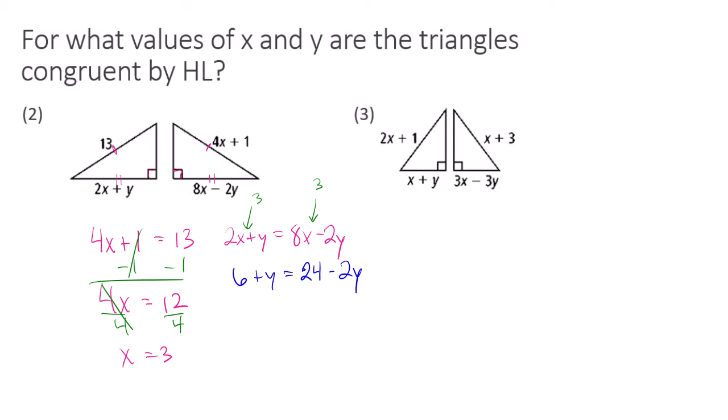And we can add 2y to both sides. And while we're at it, let's subtract 6 from both sides. So we get 3y equals 18. And then we can divide by 3. And we get y equals 6.